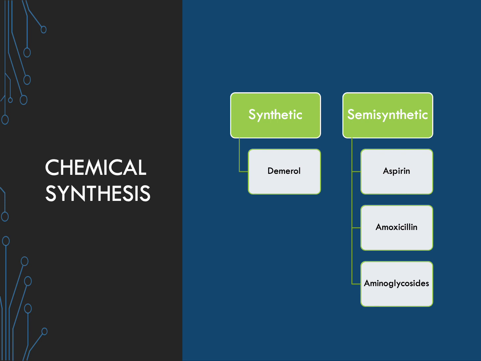A similar process is used to synthesize antibiotics that belong to the aminoglycoside group. However, the active substance found in the bacterial species Streptomyces is extracted to create antibiotics such as gentamicin and streptomycin, as well as a variety of other ones. So next we're going to talk about biotechnology.